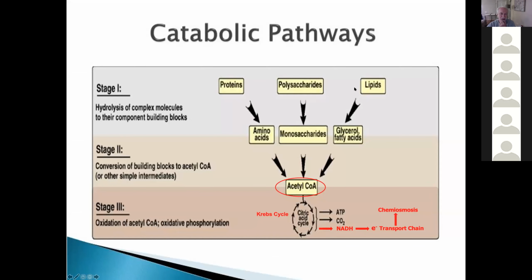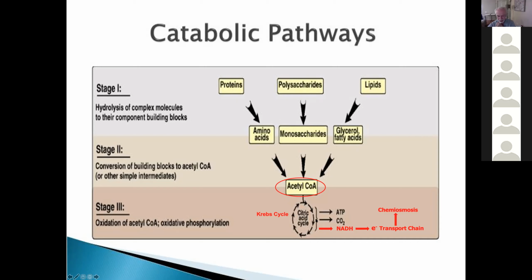Catabolic pathways. Stage 1, hydrolysis of complex molecules to their component building blocks, and these are primarily proteins, polysaccharides, and lipids. Proteins can be converted to amino acids, lipids to fatty acids, polysaccharides to monosaccharides. All of these can be converted to acetyl-CoA, and that starts the Krebs cycle.